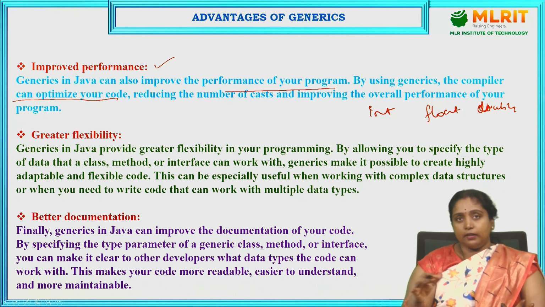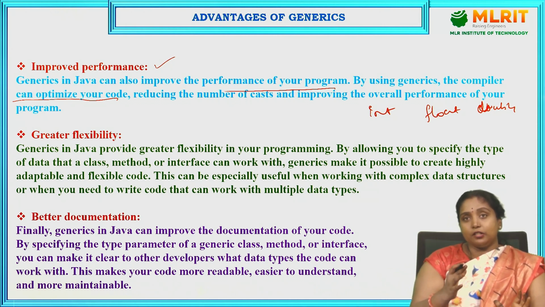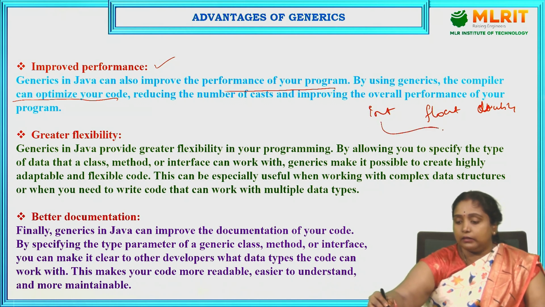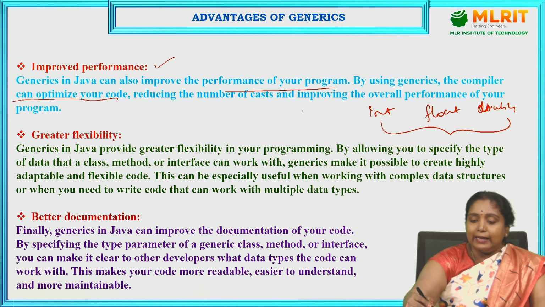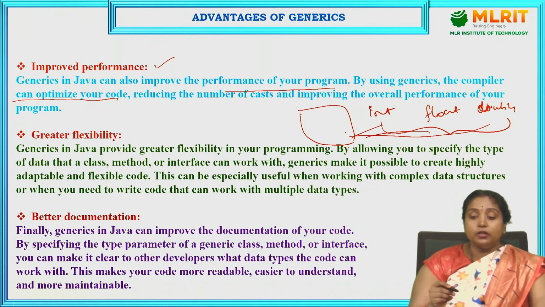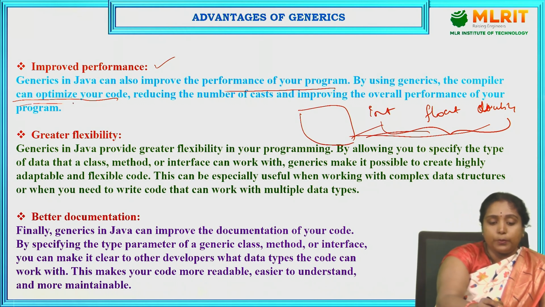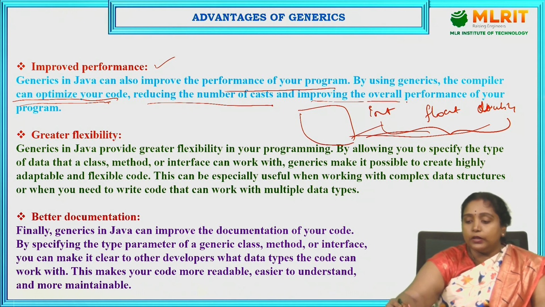So if I'm writing 3 methods for particular data types, instead of writing 3 codes, you can write one method that could work for integer, float as well as double. So you can say it can optimize your code, reducing the number of cache misses and improving the overall performance of your program.